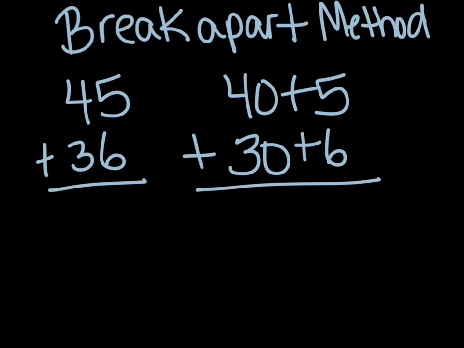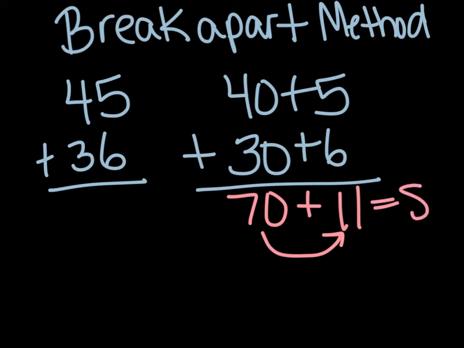This is just an easier way because the numbers are in tens. So 5 plus 6 is 11, and then I have 40 plus 30, so 40, 50, 60, 70. So I have 70, and then I'm going to do 70 plus 11. So 70 plus 10 is 80, plus 1 is 81.